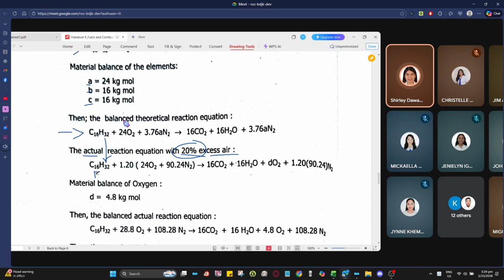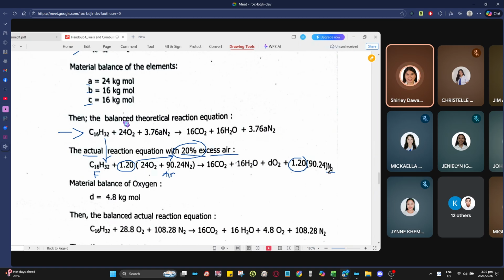As we know, this is the fuel, the C16H32, and this is the air. So we multiply the air by 1.20. 20 is the 20% excess air. Excess means extra, so it should be 1.20, not 0.20. And the nitrogen on the product side, which comes from the air, is also multiplied by 1.20, representing the percent excess air.